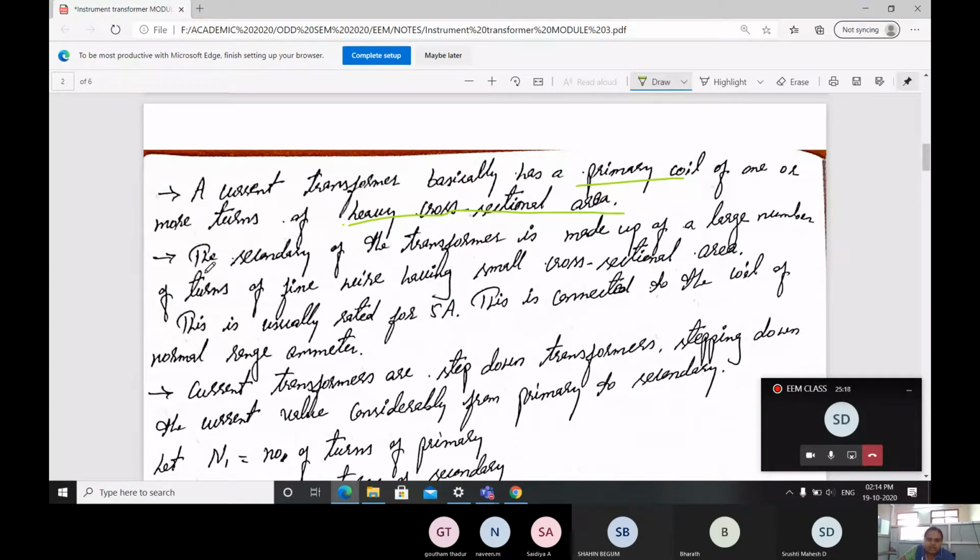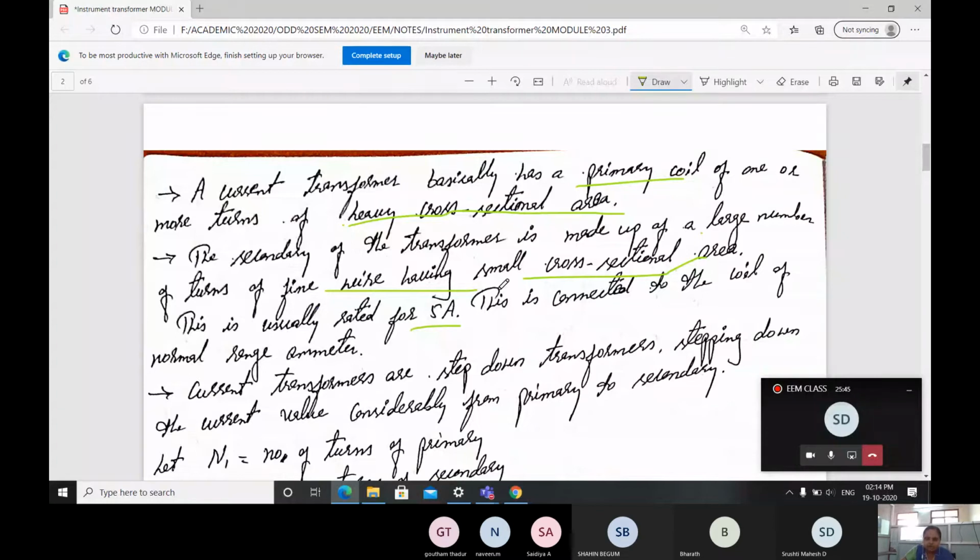Then the secondary of the transformer is made up of a large number of turns of fine wire having a small cross sectional area. That's the difference between primary and secondary. Then this is usually rated for 5 amps. The secondary depends on the design. We are not saying that it is fixed only for 5 amps, but when you go to the industry area it will differ.